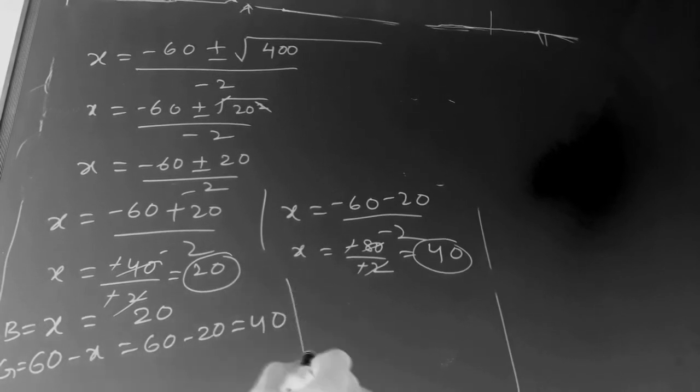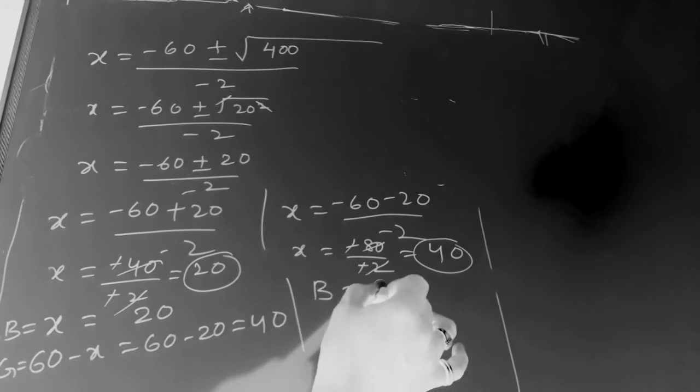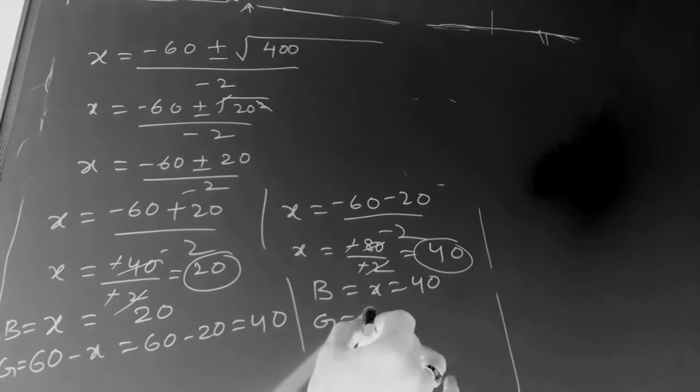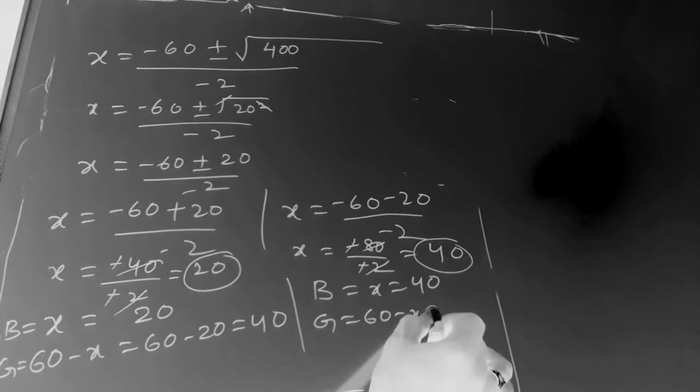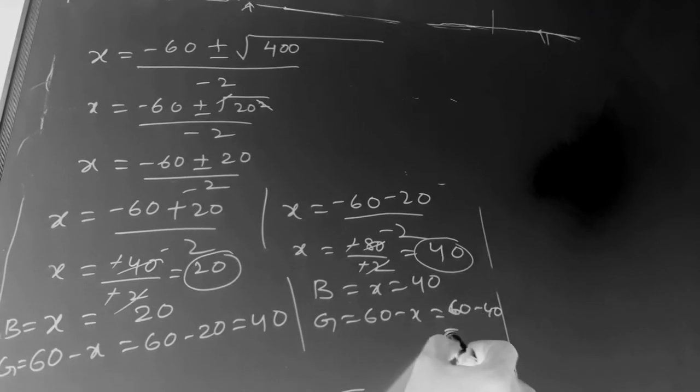Or another possibility, the number of boys is 40, then girls is 60 minus 40, which is 20 girls.